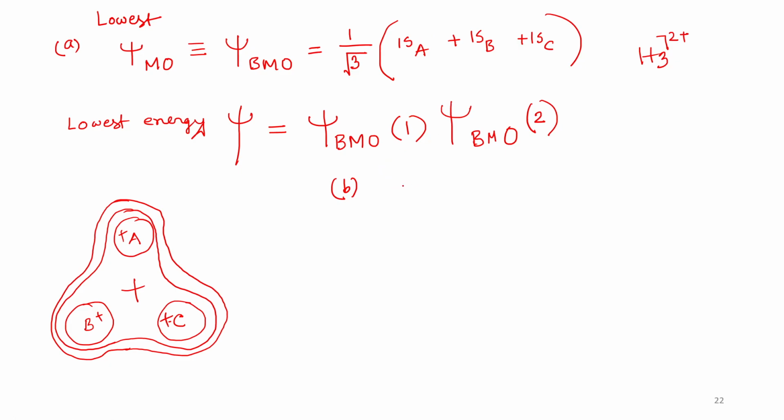So accordingly, your overall wave function should be antisymmetric, so your psi spin should be antisymmetric, right?